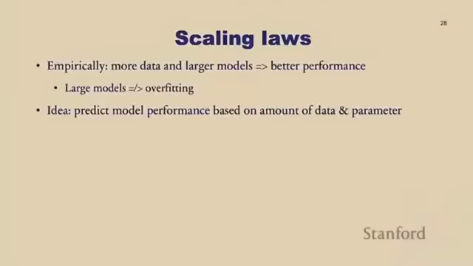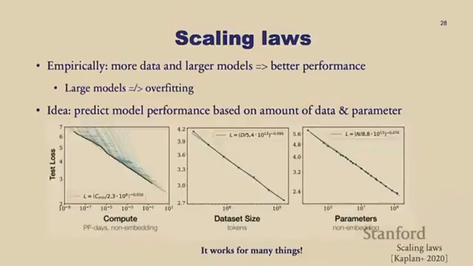The idea of scaling laws is that given that you know that more data and larger models will always give you better performance, can we predict how much better your performance will be if you increase the amount of data and the size of your model? Surprisingly, it works. Here you see 3 plots from a very famous paper called Scaling Laws from OpenAI.